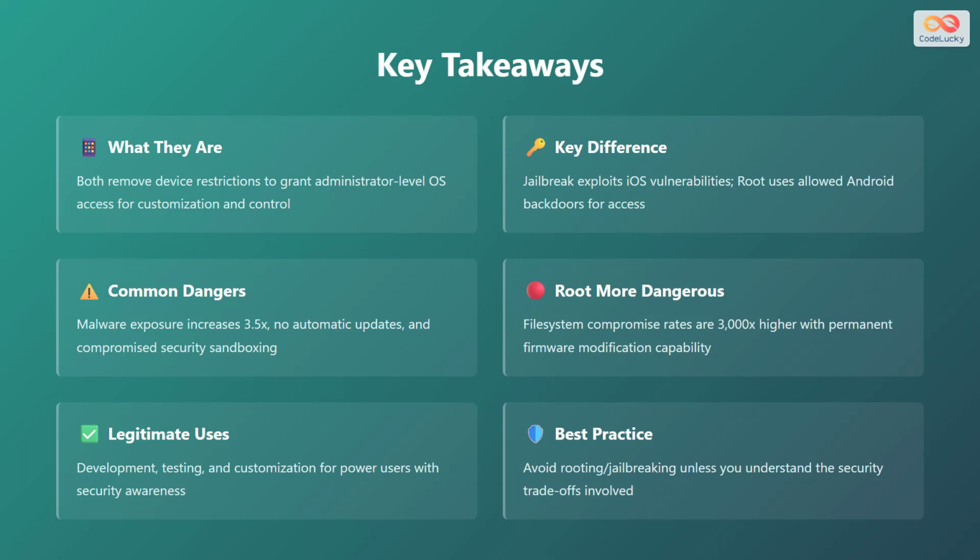However, rooting is more dangerous because file system compromise rates are 3,000 times higher with permanent modification capability. Legitimate uses exist for developers and power users who need to test applications and customize their systems. But the best practice is to avoid rooting or jailbreaking unless you fully understand the security trade-offs and accept the risks involved.